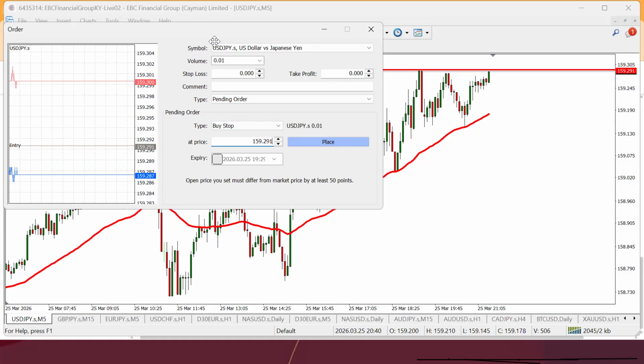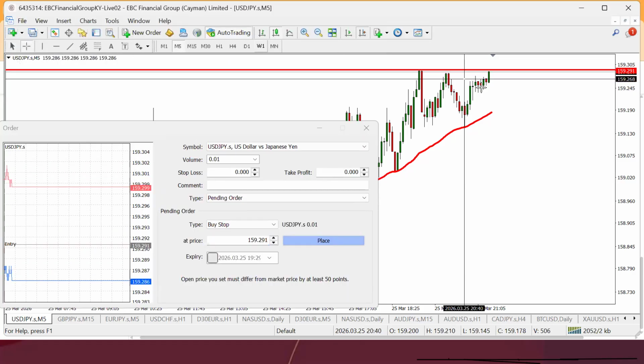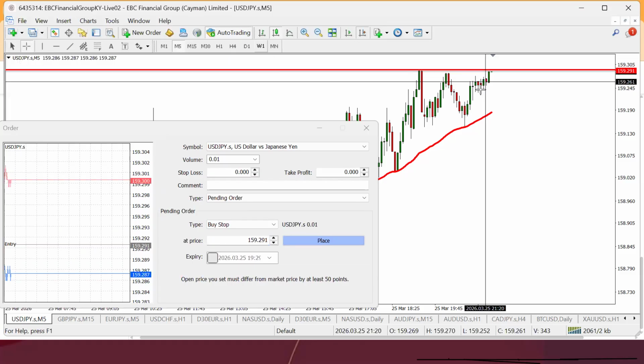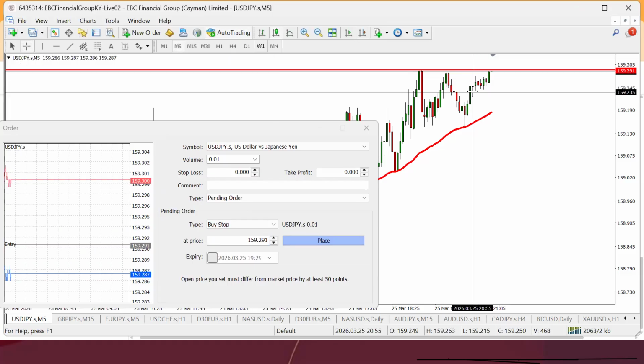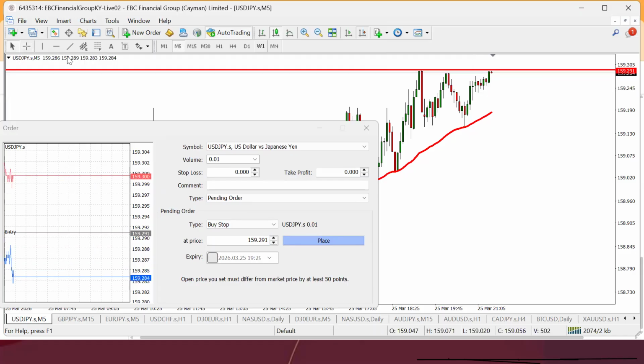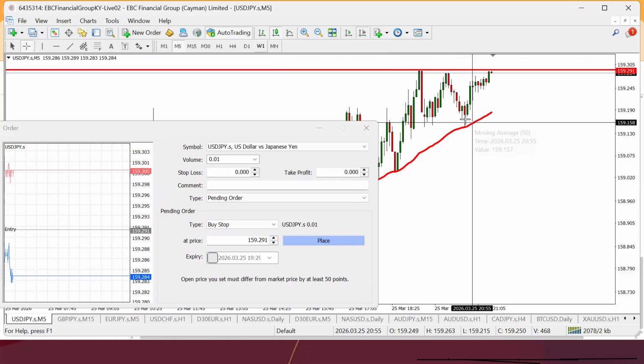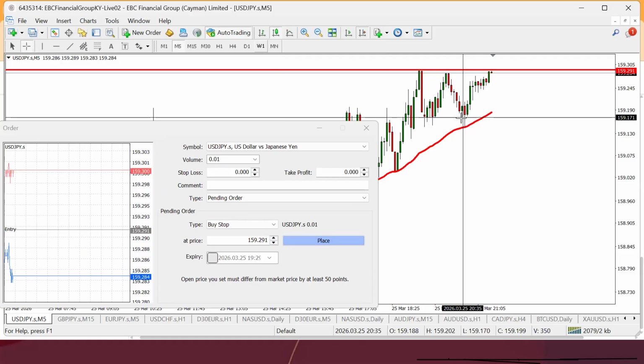In the case of GBP USD, if I use a crosshair, I can take this as my stop loss, 159.235, which is around 6 pips, or I can go with this as my stop loss, which should be better: 159.169.